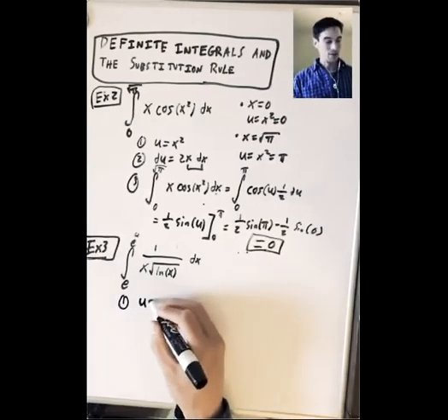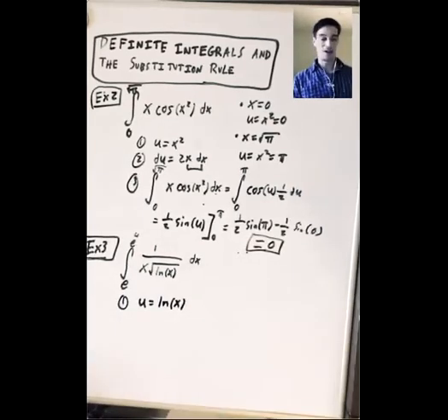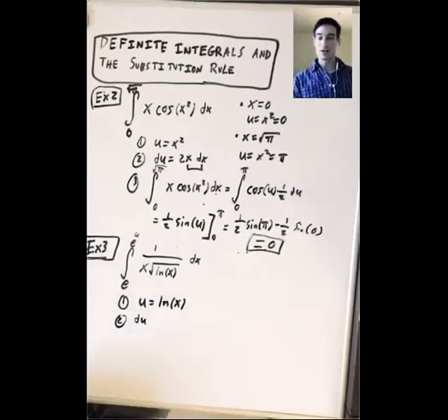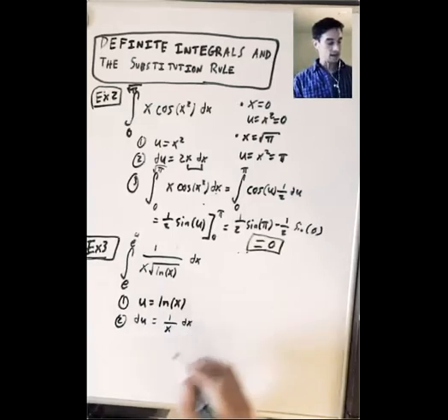So let's let u be equal to the thing inside the square root, natural log of x. With this choice, just like in our earlier example, du is 1 over x dx.